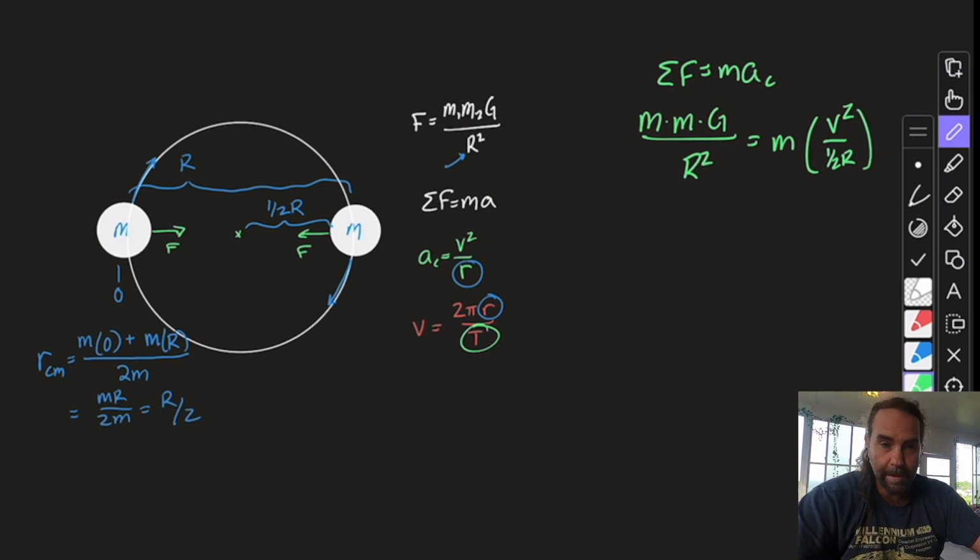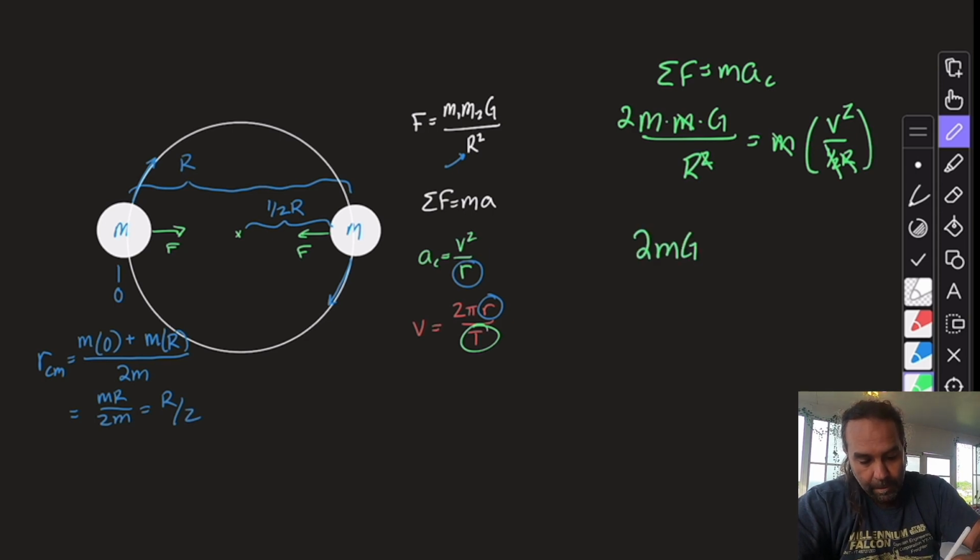You need to be paying attention and going through this with me. So I can do a little bit of math here. For example, I can multiply both sides by 2. That would get rid of that. I could get rid of one of the r's, and I can get rid of one of the m's, and I'm left with 2mG over r equals v squared.